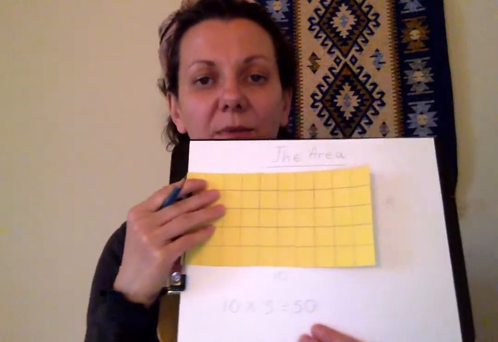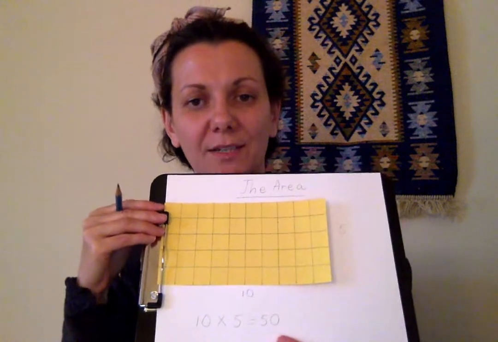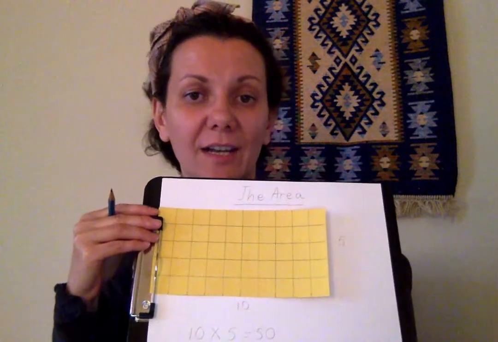We mark this. 10 times 5 equals 50. This is how we measure the area of the surface of a rectangle.